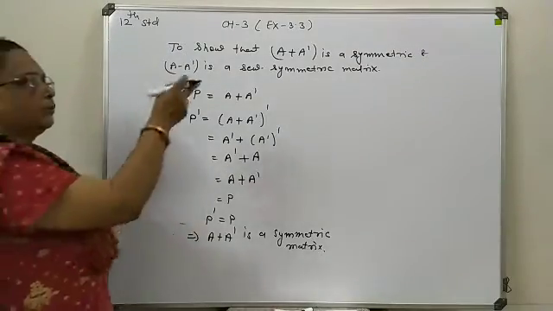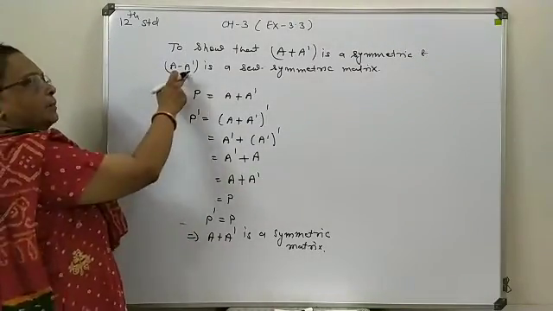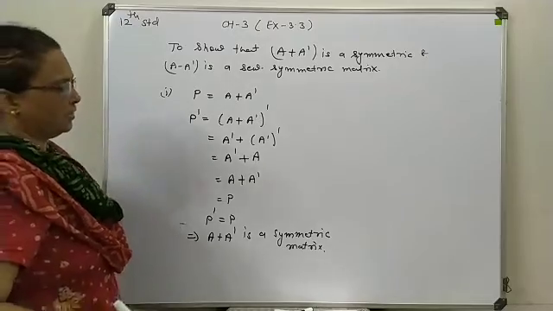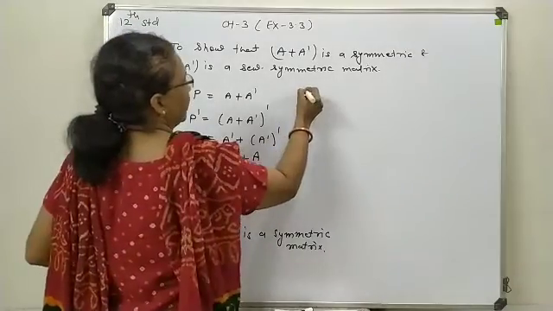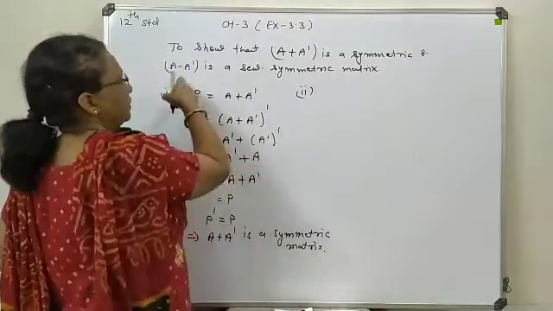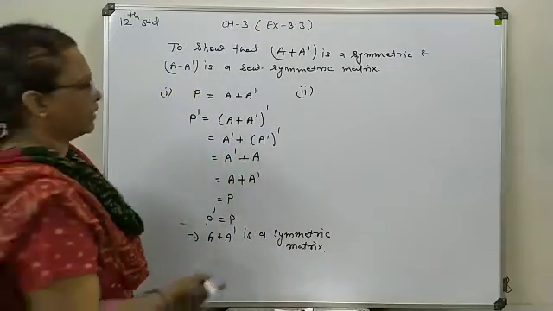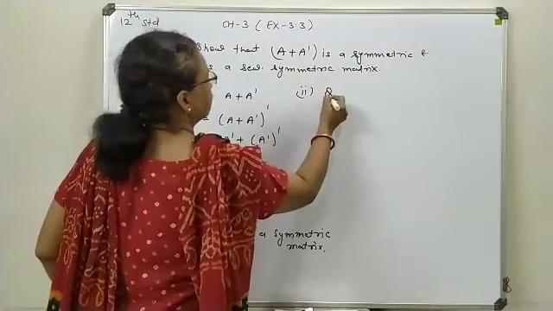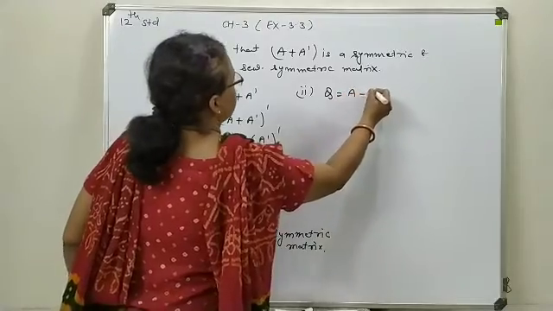Now in the same order we are going to prove that A minus A dash is a skew symmetric matrix. For that purpose we again consider this combination as another matrix, let it be Q, that is A minus A dash.